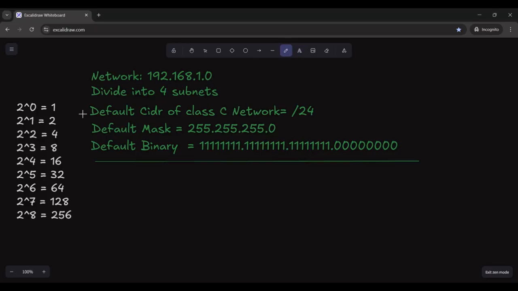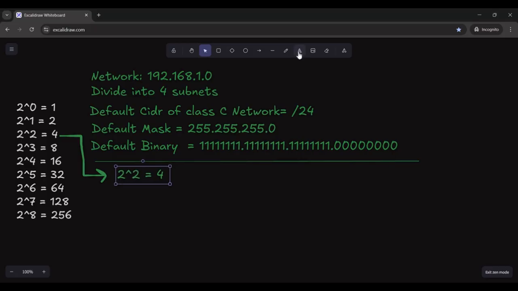Now we need 4 subnets, and we can see that 2 raised to power 2 is equal to 4. So there is something to do with 2 raised to power 2. Let's write it down: 2 raised to power 2 is equal to 4, and we need 4 subnets. We cannot have 3 subnets; we always have to follow the order of the powers of 2.